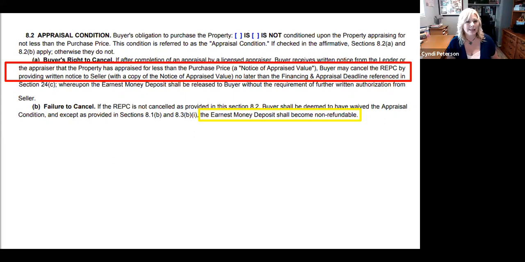The buyer decided to get the appraisal done, but didn't tell the appraiser they were buying the home. They just said they were wondering what the house was worth. So the appraisal came in really, really low because the appraiser didn't know the purchase price.